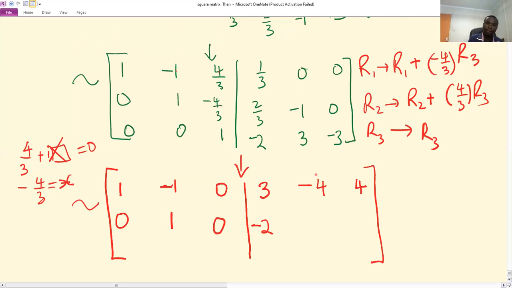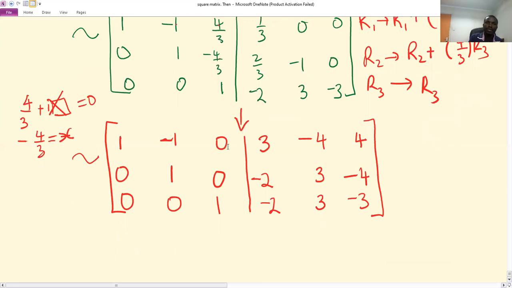That will give me positive 3. And 0 plus 4 over 3 times negative 3. That will give me minus 4. Now this one is 0, 0, 1, minus 2, 3, minus 3, because row 3 was not interfered with.